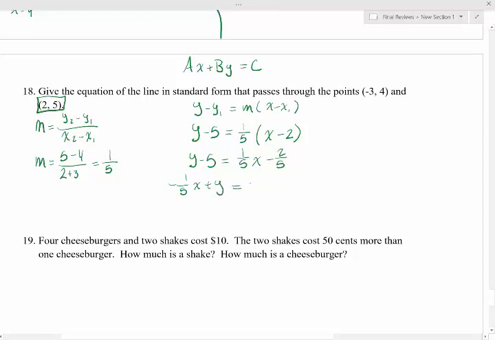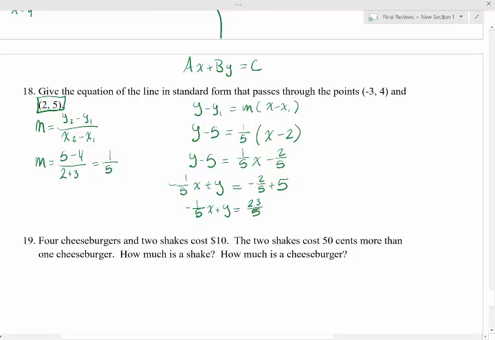And I'm going to add 5 to both sides. Alright, so I'm going to go ahead and combine any like terms. So -2/5 plus 5 is going to turn into 23 over 5. And we can just use our calculator to get that number.